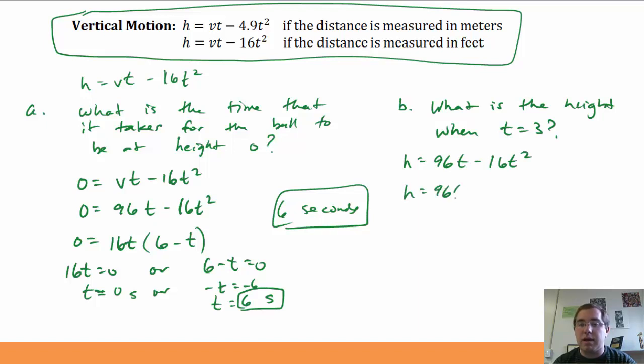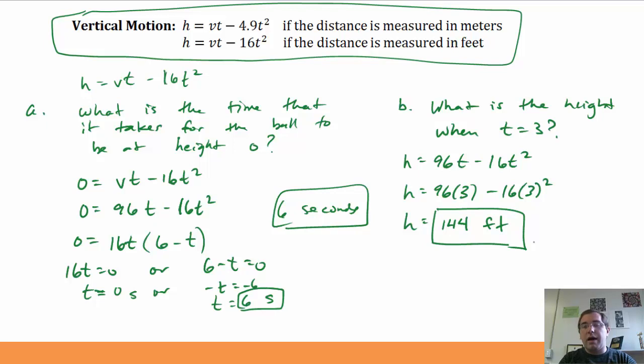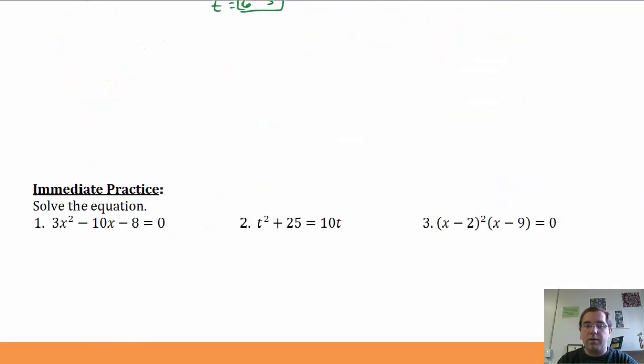So h equals 96 times 3 minus 16 times 3 squared. So 96 times 3 minus 16 times 9 is 144. So h equals 144 feet, because our speed was measured in feet per second. So at that height, where it turns around, it is 144 feet.